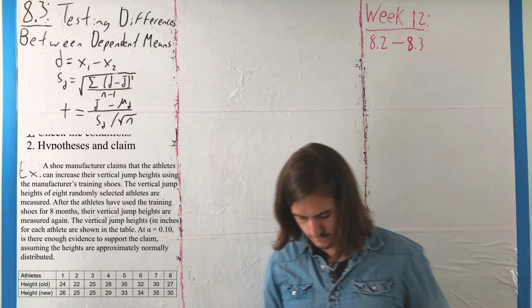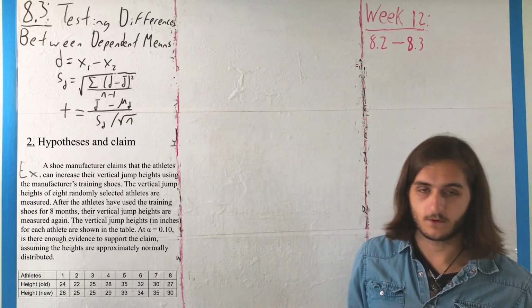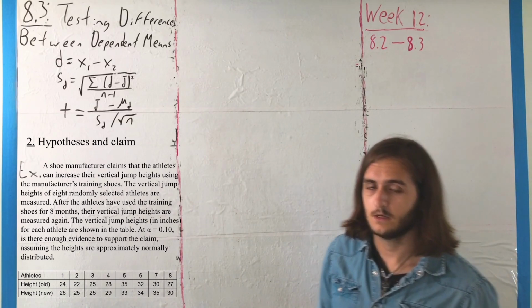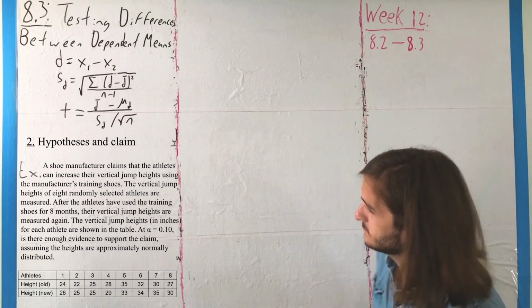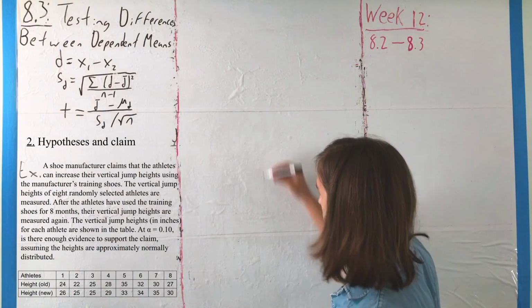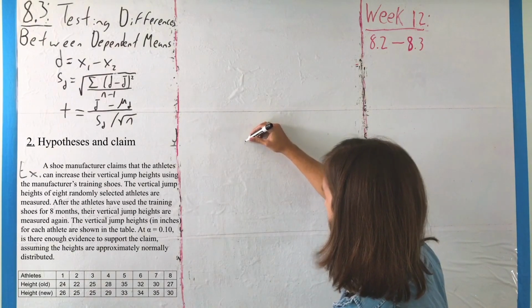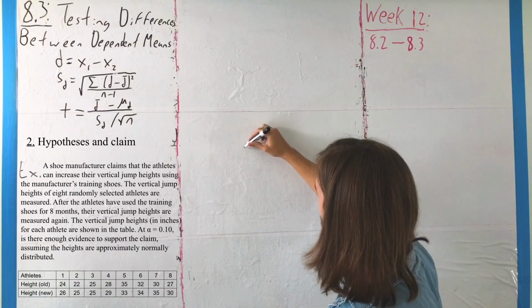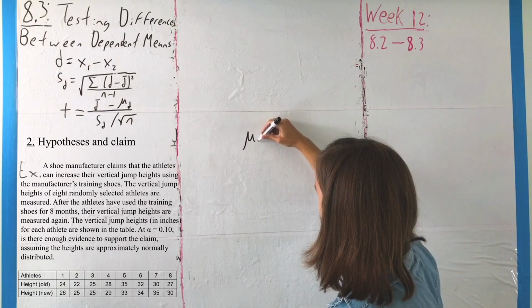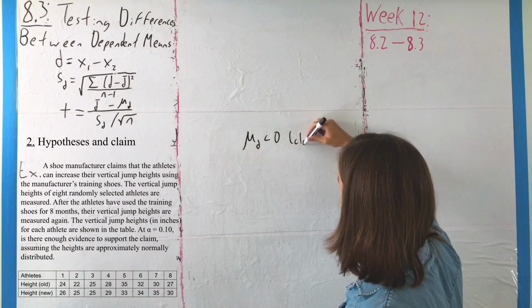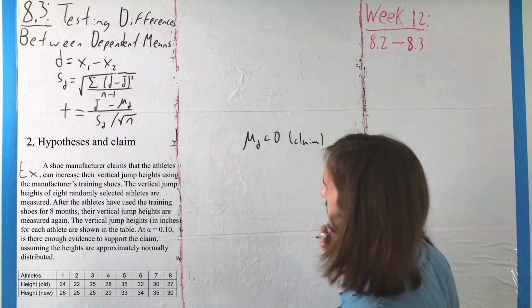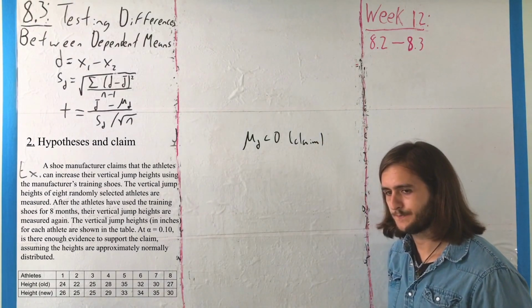From there, if we want to actually perform our test, we need our hypotheses. So, we are claiming, in this case, that the difference is negative, and this might seem a little bit strange.